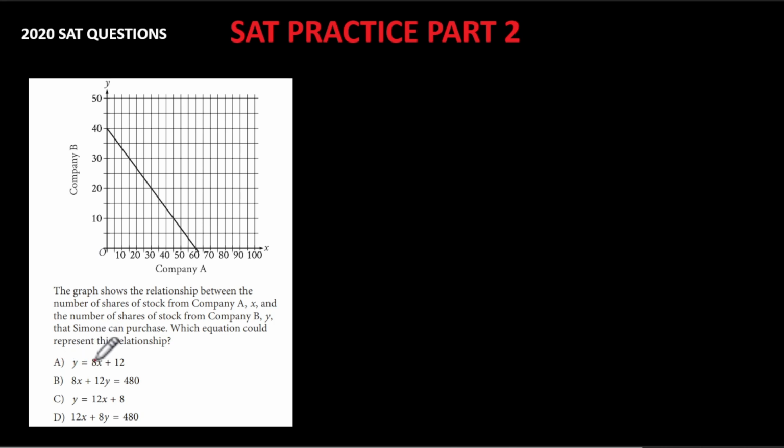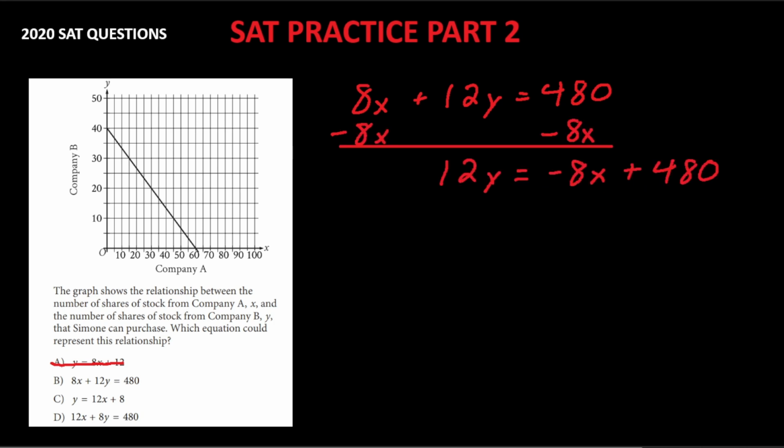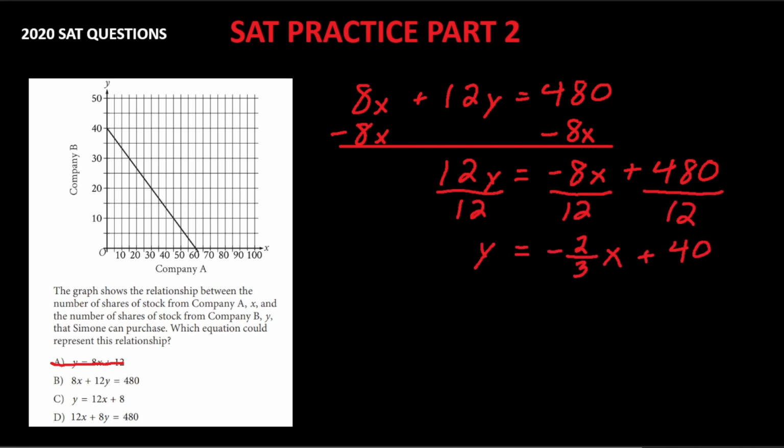So since this has a positive slope, this one's out. Let's look at the next one here. So to see if this is going to fit our graph, the first thing we need to do is solve for y. So we'll subtract 8x from both sides. And then we have to divide each term by 12. And I'll also check to see what the x-intercept is, which is where y equals 0.